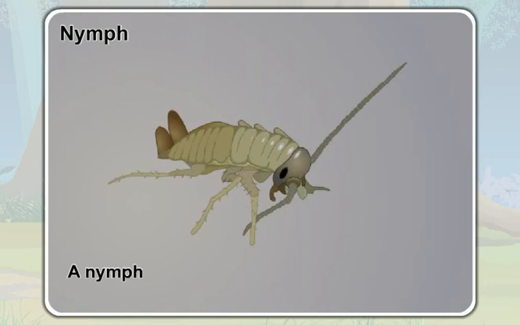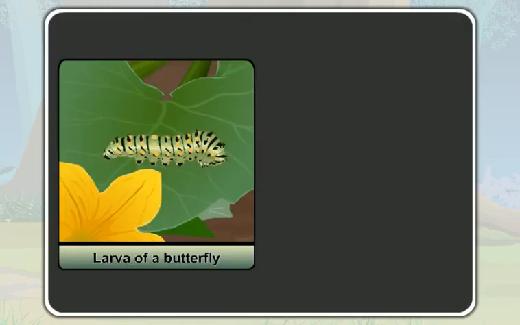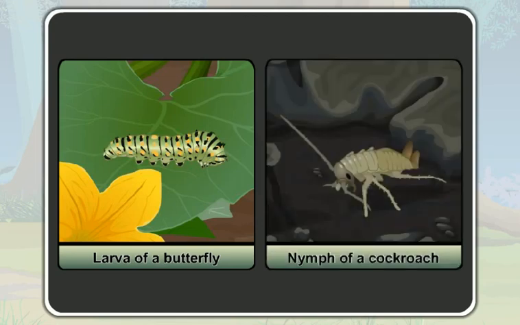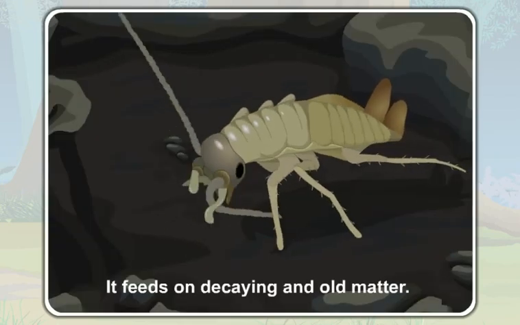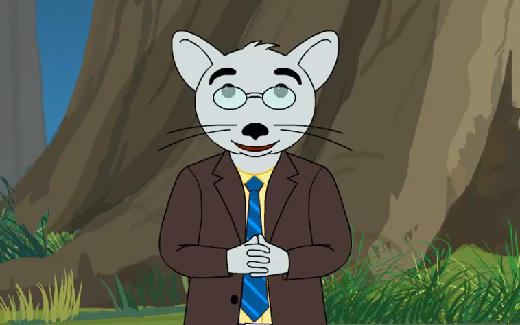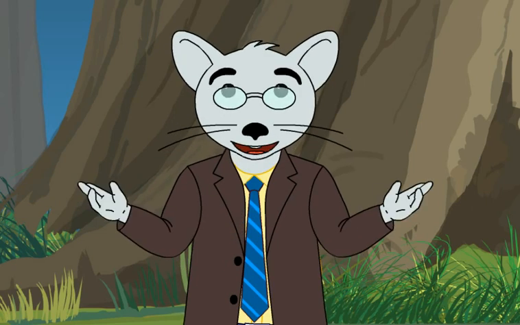A nymph of a cockroach is small and white in color. Like a larva of a butterfly, a nymph of a cockroach is also active. It feeds on decaying and old matter. You all know that a butterfly larva sheds its exoskeleton.